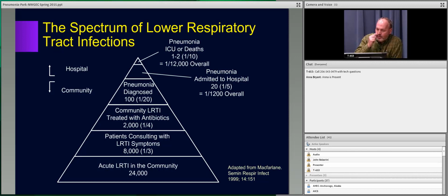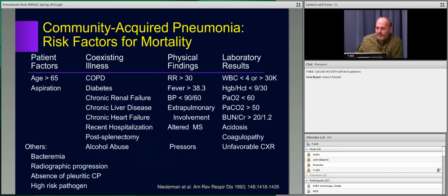And of those, about 1 out of 5, or 20, will be admitted to the hospital. And of those, only 1 or 2 will be admitted to the ICU or will die. Okay? So you have this enormous population of people with cough and fever at the bottom, and 1 or 2 will be in the ICU or die of their pneumonia. So keep that in mind, and I'll come back to that.